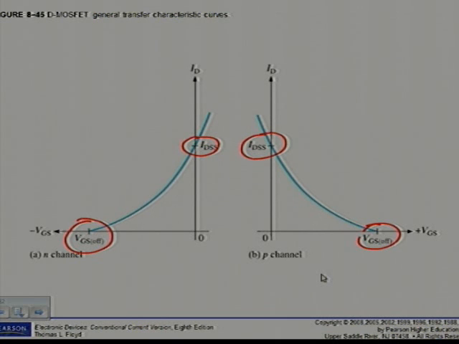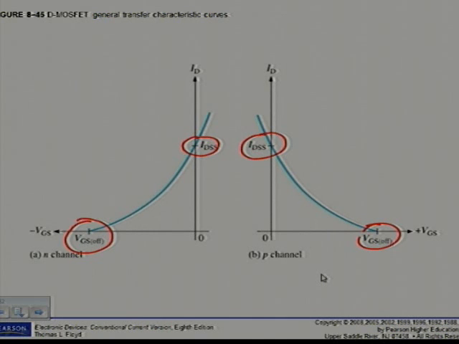Alright, so if we go and look at example 8.17, for a certain D-MOSFET, IDSS is 10 milliamps and VGS off is minus 8 volts. Is this an N-channel or a P-channel? The device has a negative VGS off, therefore of course it is an N-channel MOSFET. It also asks to calculate ID at a VGS of minus 3 volts and also at a VGS of plus 3 volts.